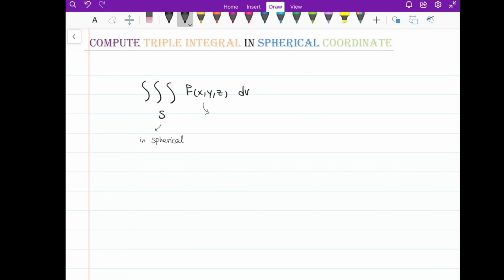Then we're going to transform the integrand, the function f of x, y, and z, in spherical coordinates. How do I do these two steps?